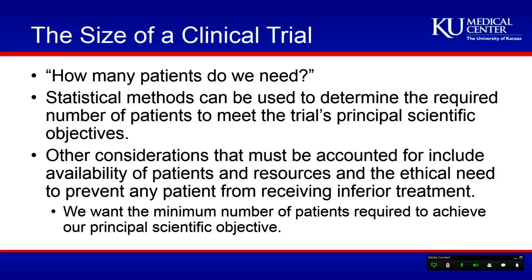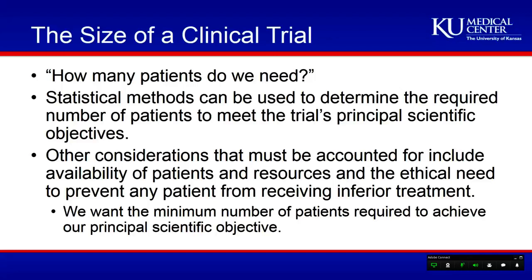The statistical method and the mathematics behind it are what determine how big of a study you need in order to meet your scientific objectives with high likelihood. So the things that we have to consider, in addition to how many patients are needed mathematically or statistically, we also have to think about the feasibility of getting that many patients.